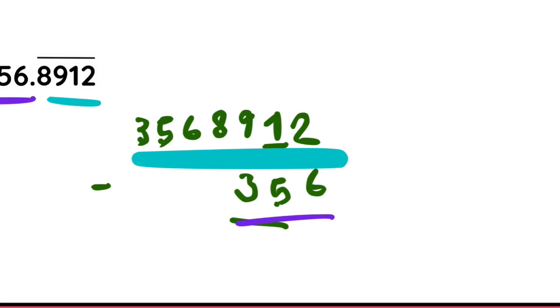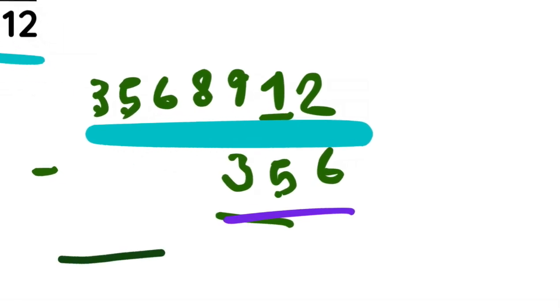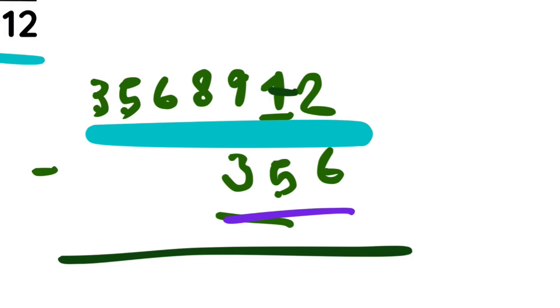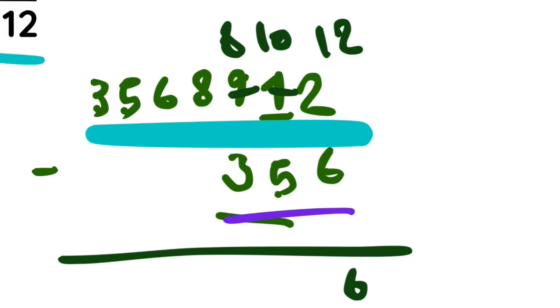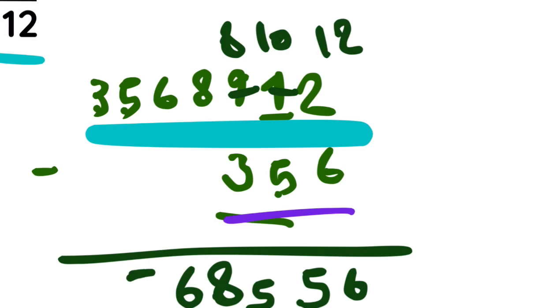So 3,568,912 subtracted by 356. 2 minus 6, we cannot do that, so we borrow. 12 minus 6 is 6. I'm going to borrow another number. 10 minus 5 is 5, 8 minus 3 is 5, and the rest remain the same.